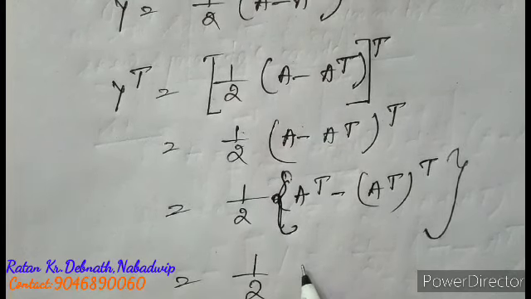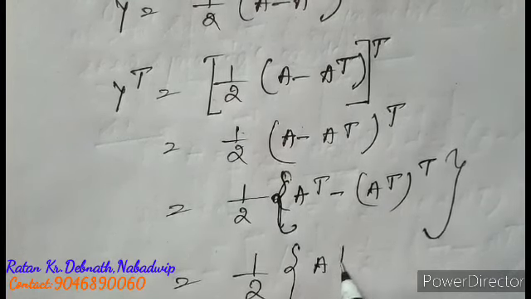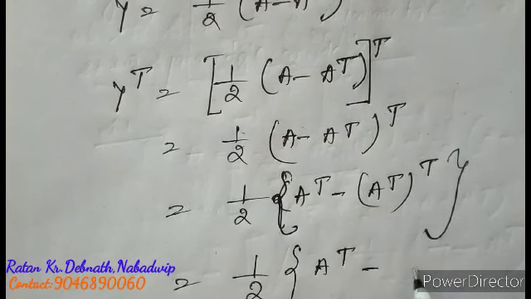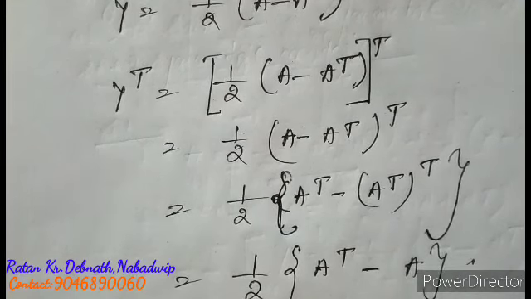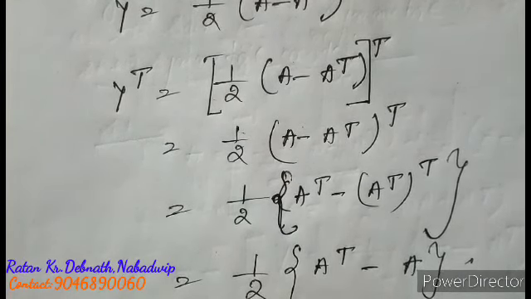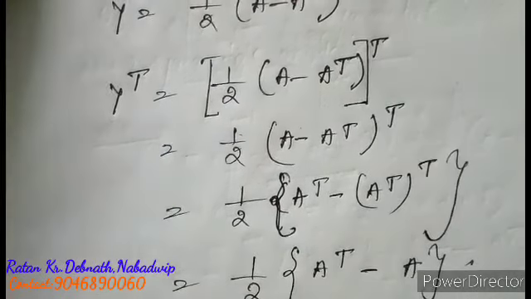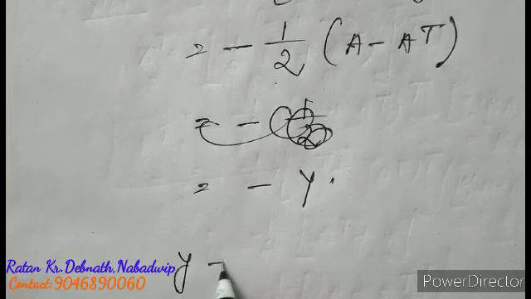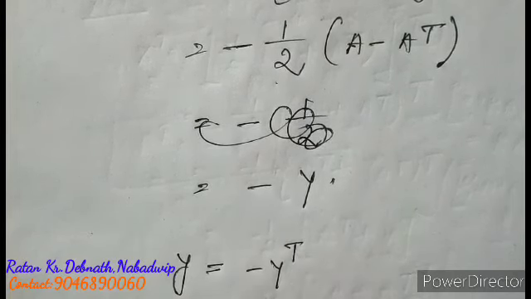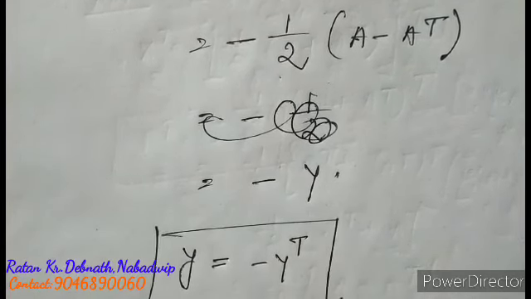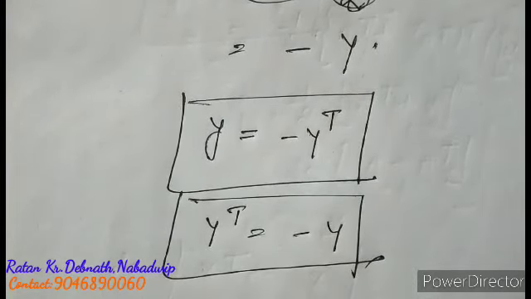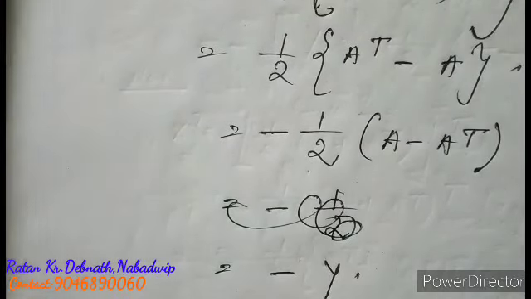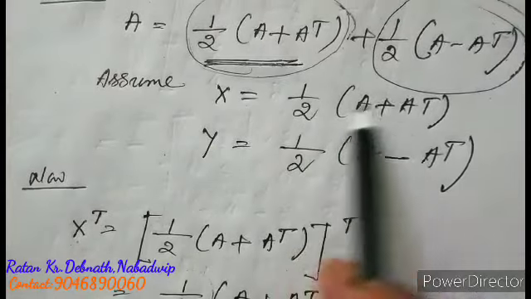Therefore half of (A transpose minus A), that is minus half of (A minus A transpose), that is minus Y. So Y transpose equals minus Y. In that case we can say the second part of this matrix A is a skew symmetric matrix.